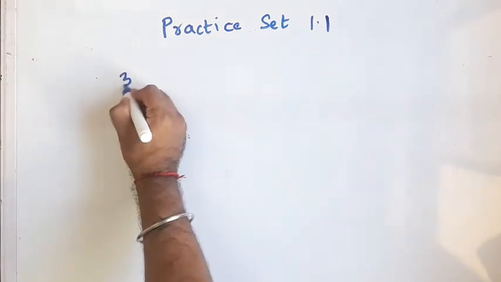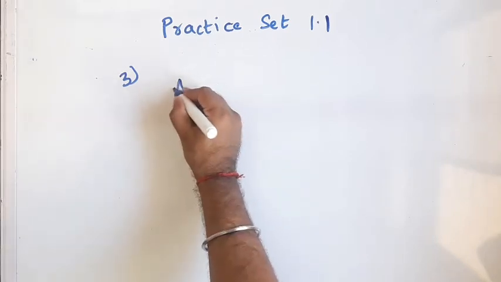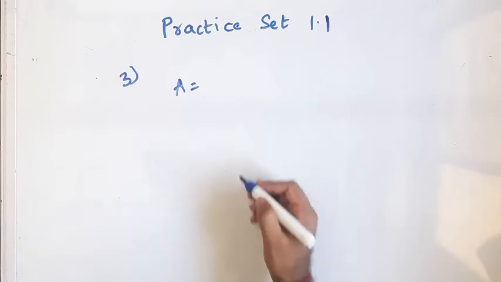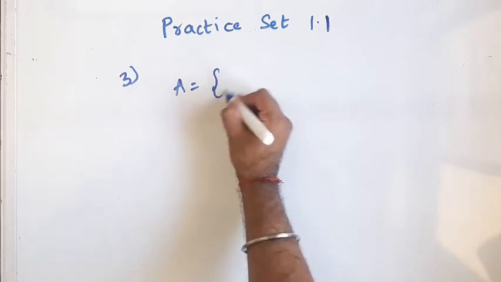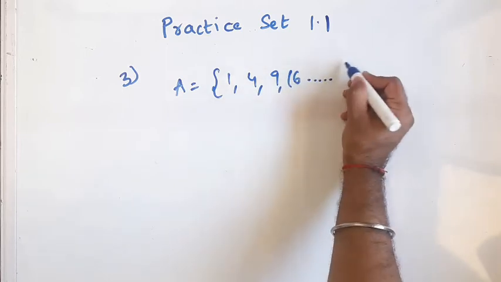For the third one, they have asked to write any two sets in listing method and by rule method. So listing method, I'll write, and you will guess what I am writing. A, I am writing 1, 4, 9, 16, dot dot dot.